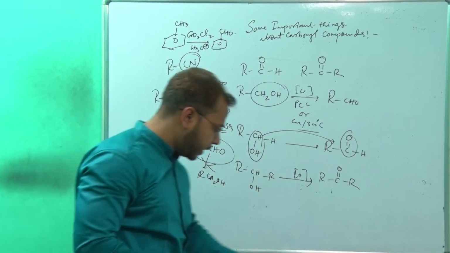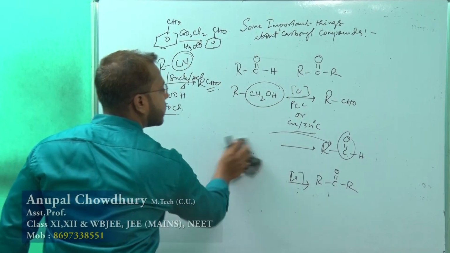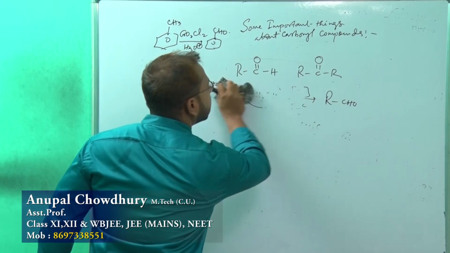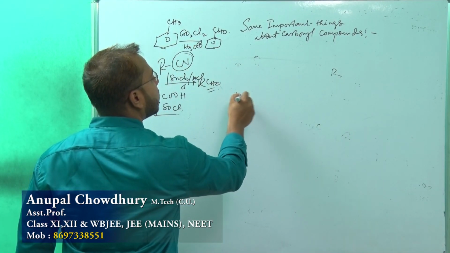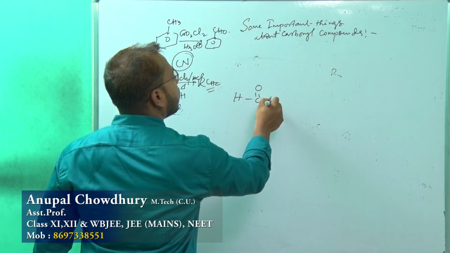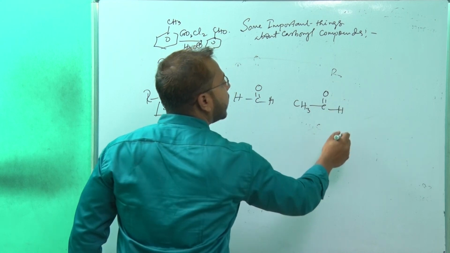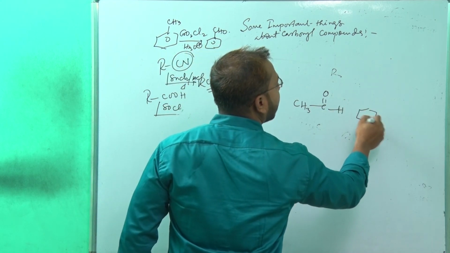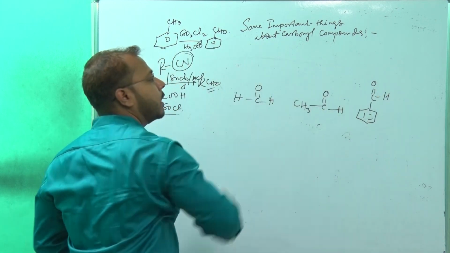Now if the question comes, with some aldehydes and ketones given, in which of the following will nucleophilic attack take place: formaldehyde, acetaldehyde, benzaldehyde?